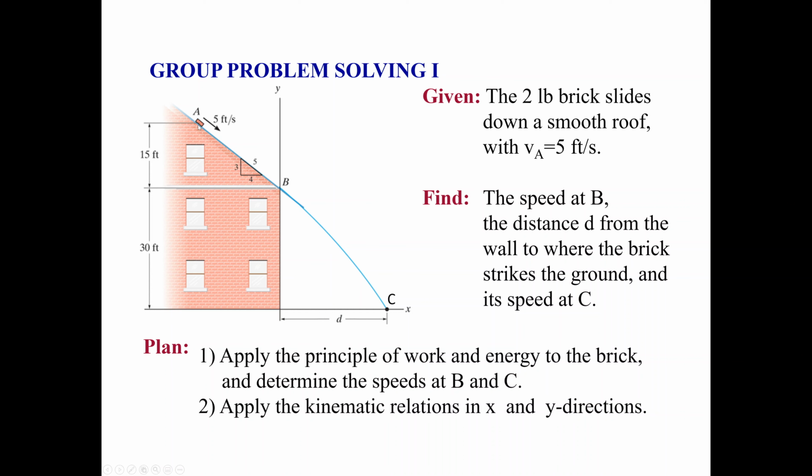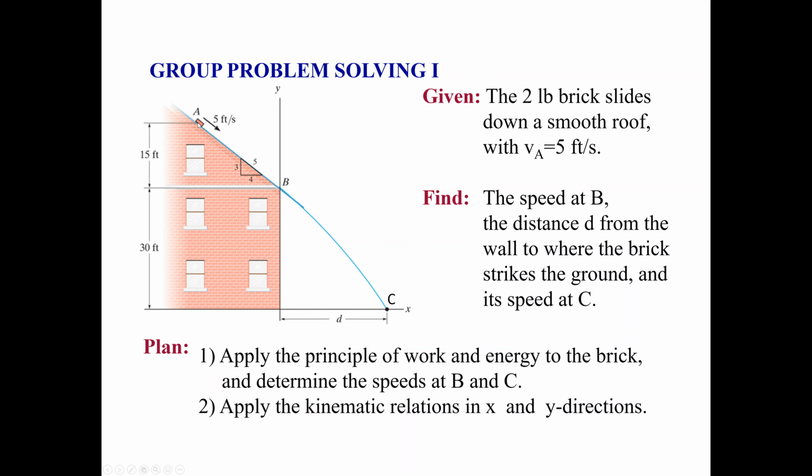To go from point A to point B and then B to C, we're actually performing gravitational work, the work of the weight going down. So we can use work and energy to figure that out. We can come up with equations to represent that you have some initial kinetic energy, do some work, and then you have some final energy.